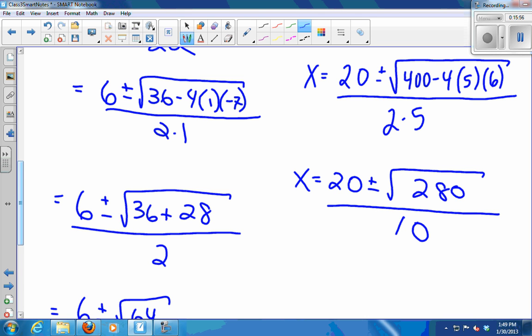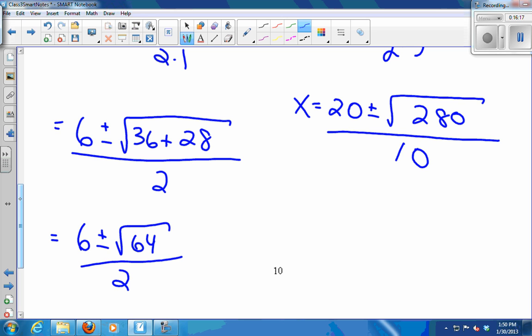Some teachers are. It all depends on what you're trying to do, right? I mean, how much simpler is it really if we pull out a 4 from that radical 280? We could. So I would accept this as an answer, perfectly fine.